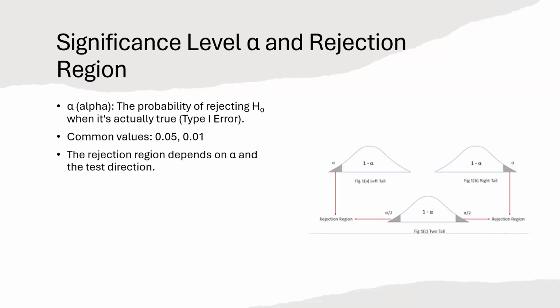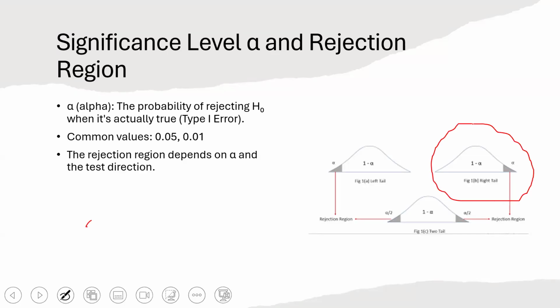Now, this brings us to the rejection region. Think of it as the danger zone on our bell curve. If your test statistic falls in that region, you reject the null hypothesis. In a right-tailed test, that rejection region is on the far right end of the distribution.